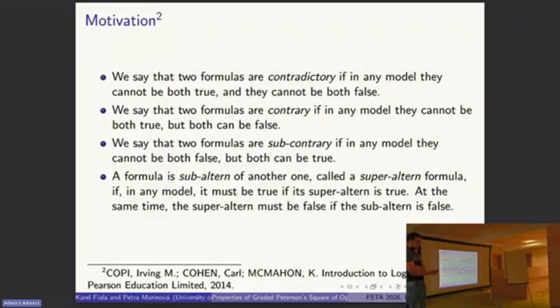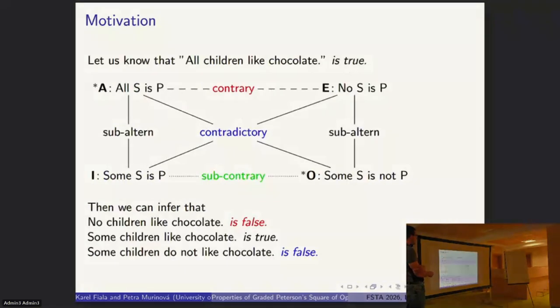Now we have quantifiers, and now we put the inference. Generally, immediate inference is where we infer from one quantifier to another quantifier, precisely from the value of the quantifier, using the structure of the square of opposition. Let us know that we know all children like chocolate is true.